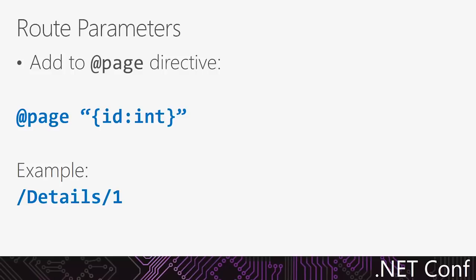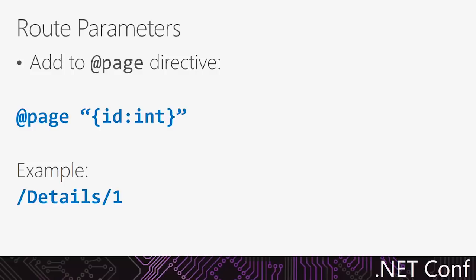In this case, you can see that we have a route template that is curly brackets with an ID that's been limited to being of integer type. And so this will correspond to routes such as /details/1, where the 1 now is going to be used as the ID parameter for this page's route.